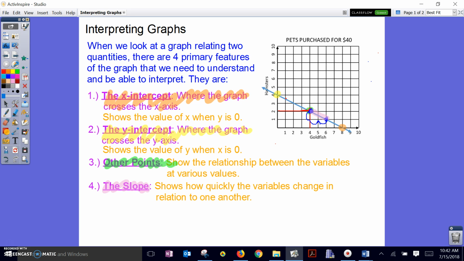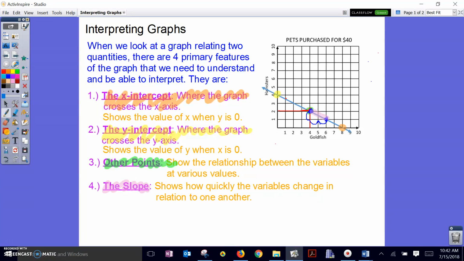And how I can interpret that from a real-world meaning standpoint is for every 1 less hamster we buy, since we went down 1, we can buy 2 more goldfish. And that's a real-world interpretation of the slope in this context.